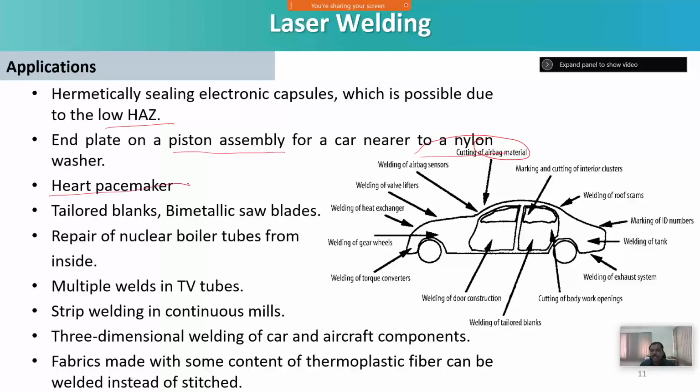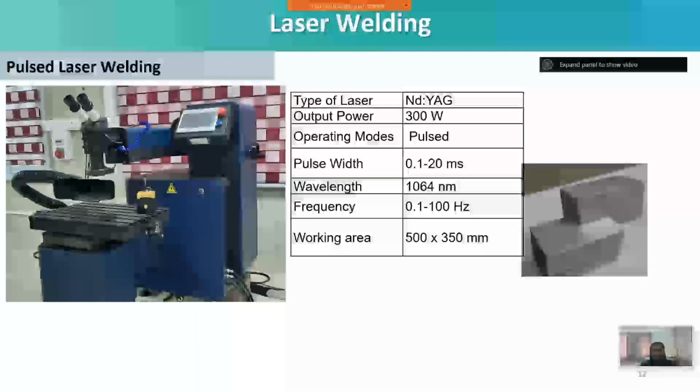Welding a hot pacemaker; tailored blanks, which normally have different materials welded together and then need to be deformed; bimetallic saw blades, repair of nuclear boiler tubes, multiple welds, strip welding, three-dimensional welding. Likewise, it is also used for fabric welding made of thermoplastics, and it has extensive application. If you have some novel applications that need to be realized, then you can think about it.